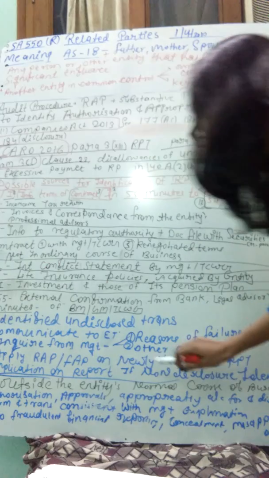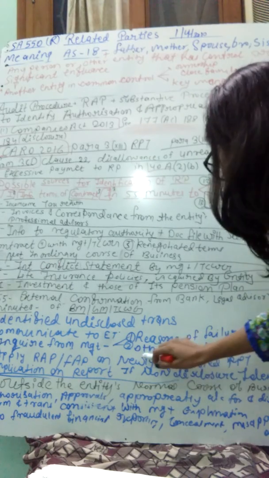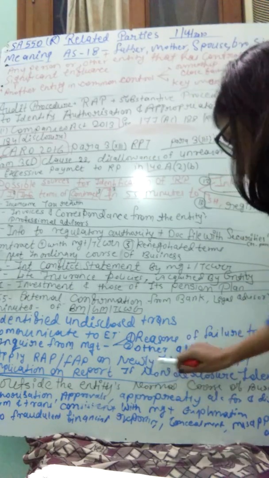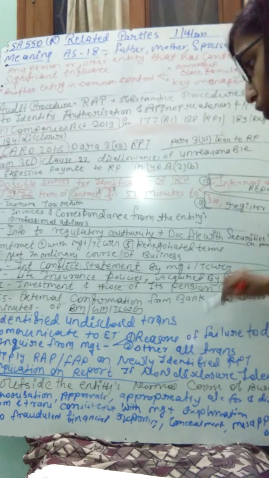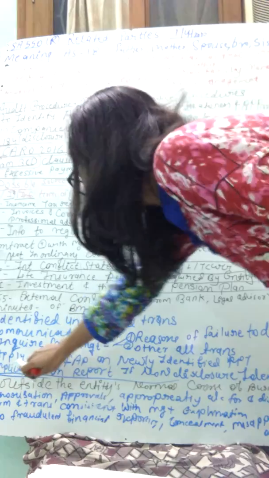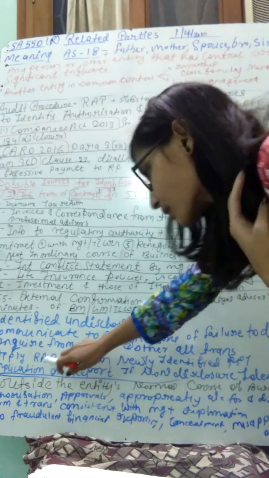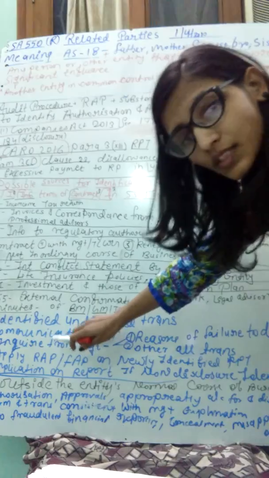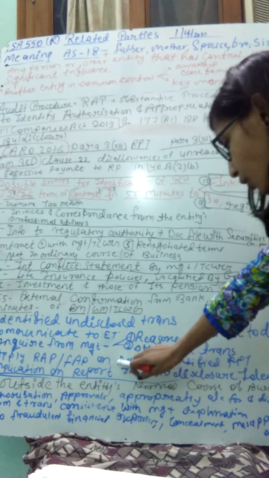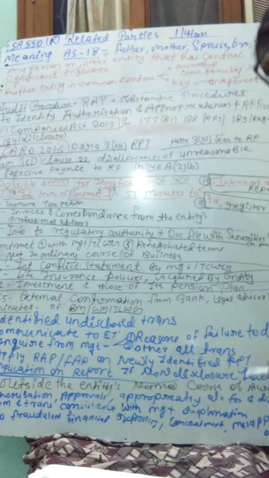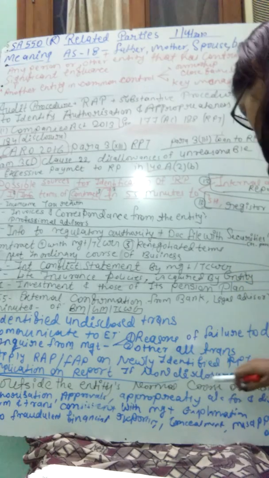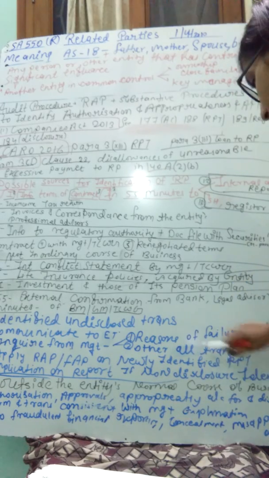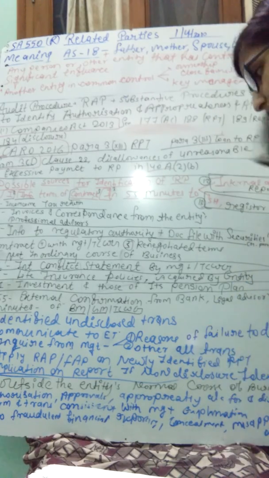Then other transactions which are held with the newly identified related parties should also be checked by our team. Then apply the risk assessment procedure and further audit procedure on the newly identified related party transaction. Then give implication on the report if non-disclosure is identified about this newly identified transaction.